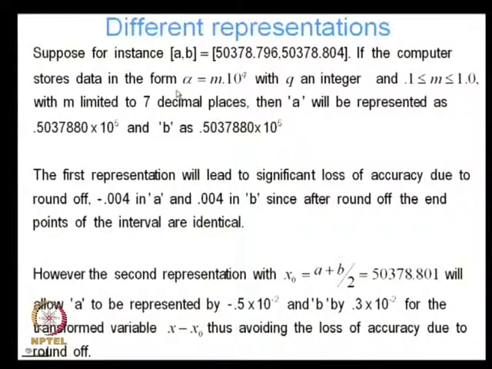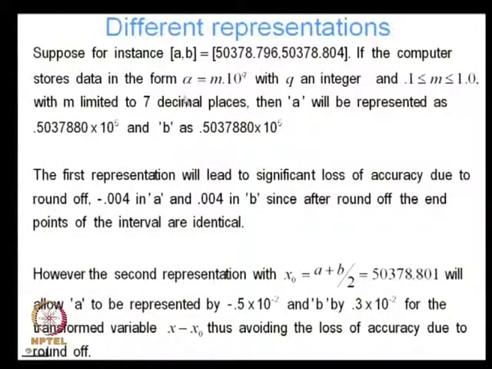Well, let us look at an example. For instance, if I have a and b given like this, 50378.796 and so on, and the computer stores data, which we looked at in the beginning of the course, in this form, alpha equals m times 10 to the power q, with q an integer having a maximum value depending on the computer, and m limited to 7 decimal places, say, then a will be represented like this, because m can only be represented with 7 decimals.